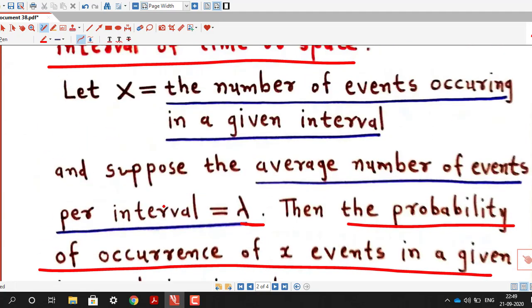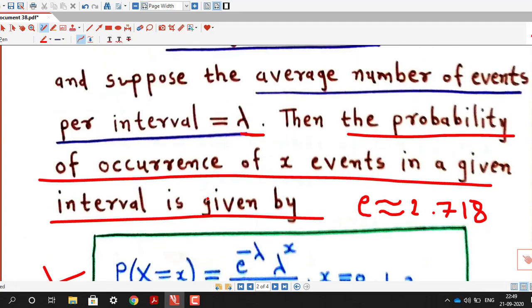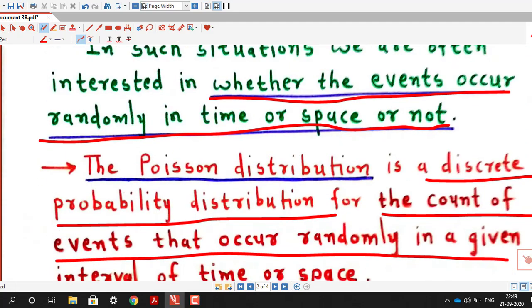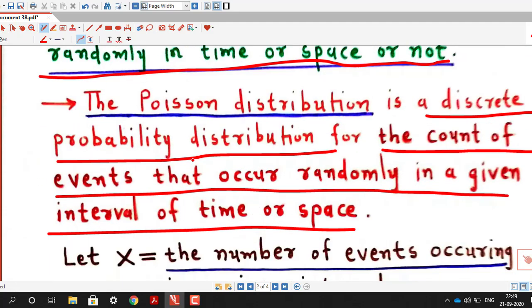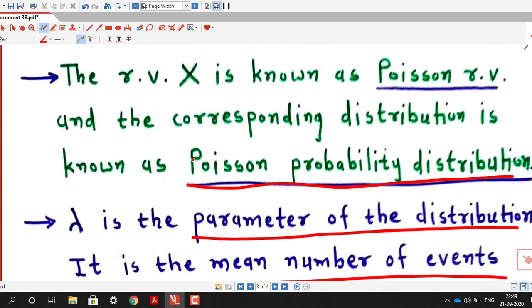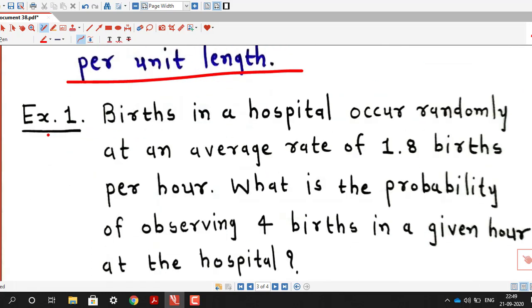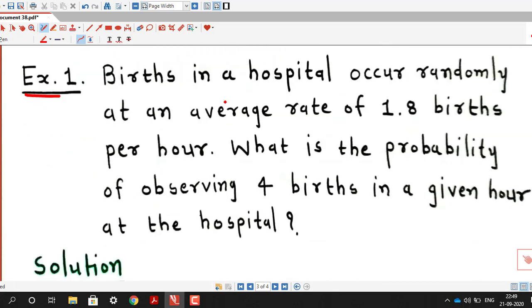So using this probability mass function, we can calculate the probabilities if we have this type of situation in which we can apply the Poisson probability distribution. So we take one example to understand this. Example number 1. Births in a hospital occur randomly at an average rate of 1.8 births per hour.